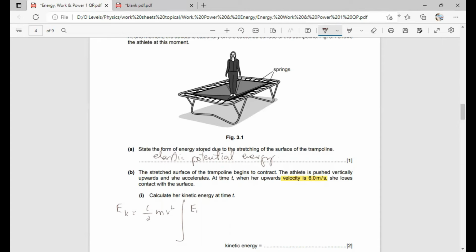Just write the formula, which is for 1 mark. So the answer will be 1152.